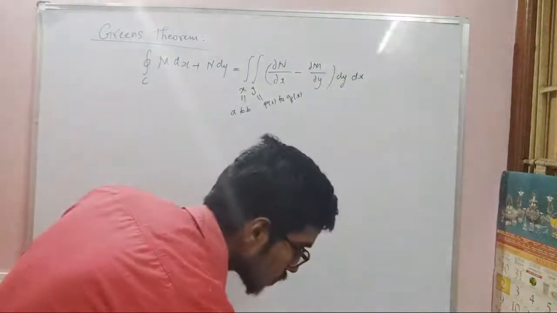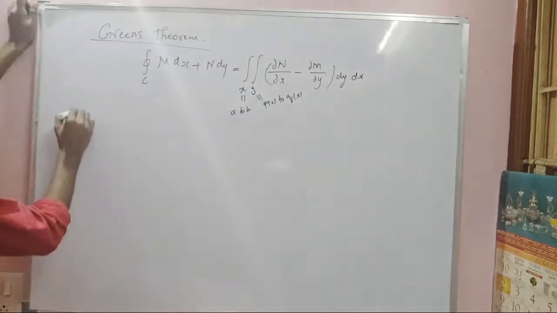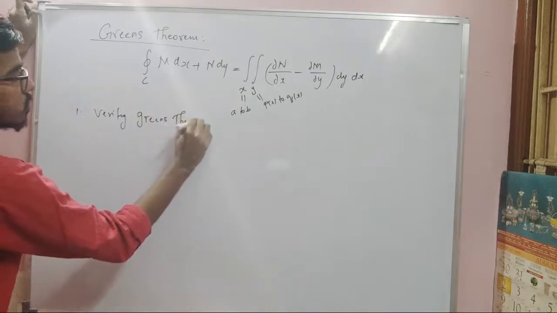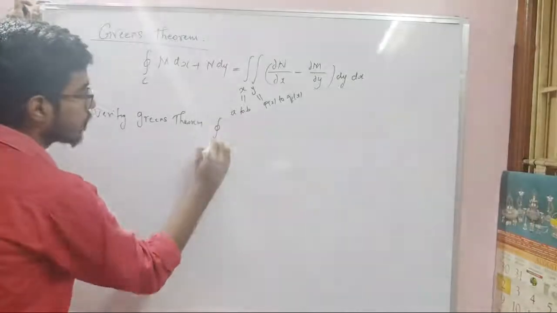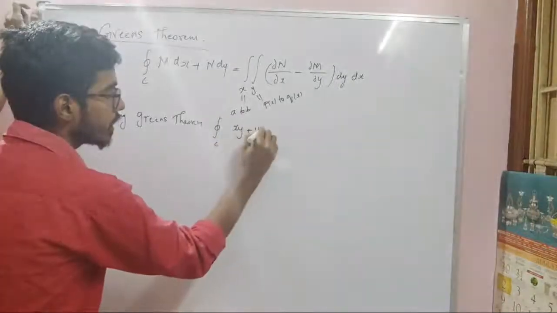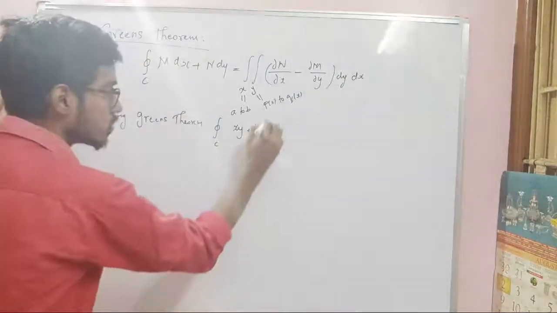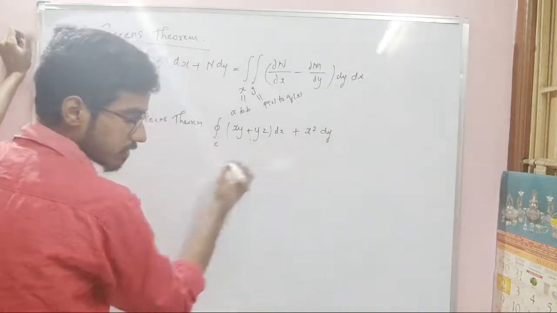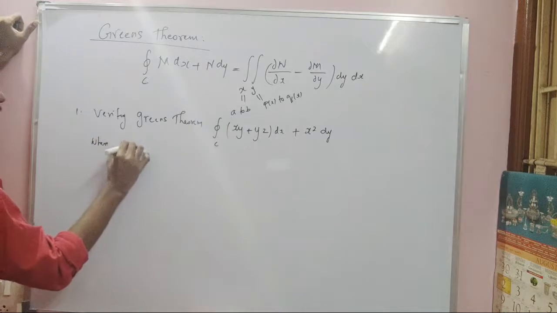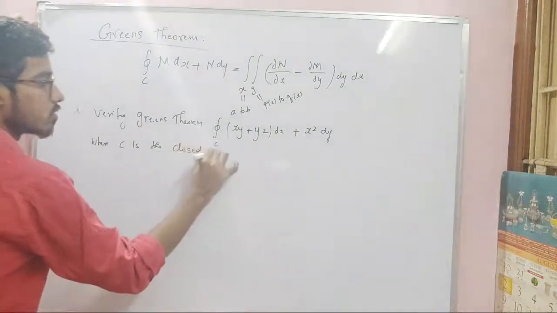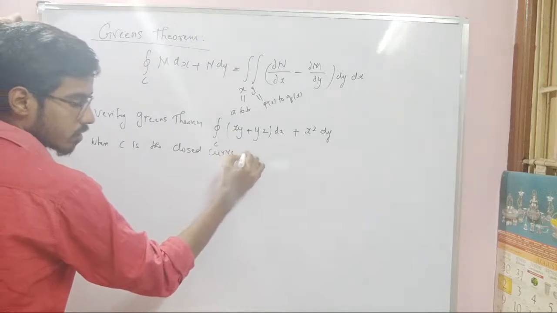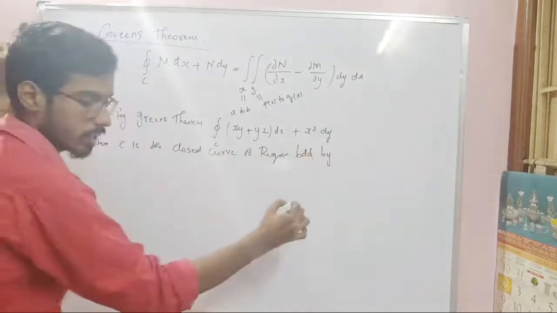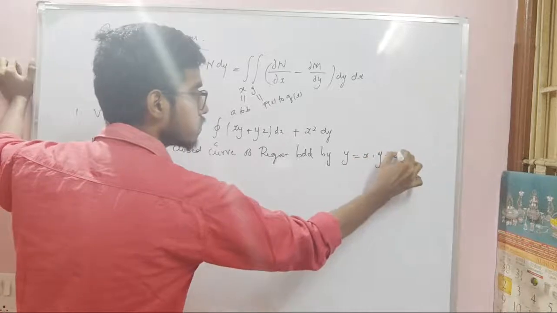So the first problem is: verify Green's theorem for the integral over C of xy plus y square dx plus x square dy, where C is the closed curve of the region bounded by y is equal to x and y is equal to x square.